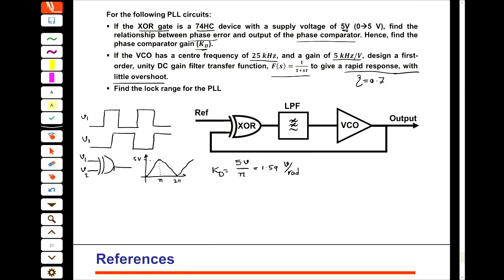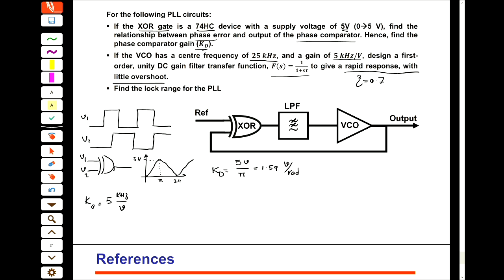All right. So first of all, KO equals 5 kilohertz per volt. But our KD is in radians, so we have to change this to radians or change the other to hertz, either of them.